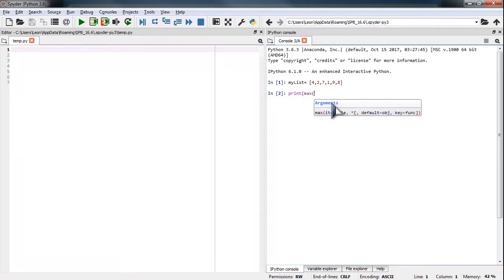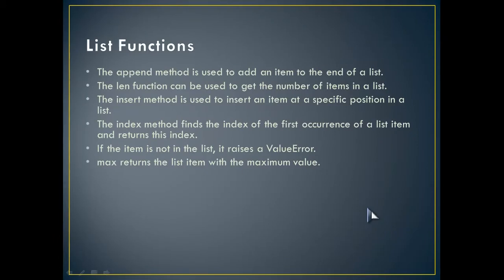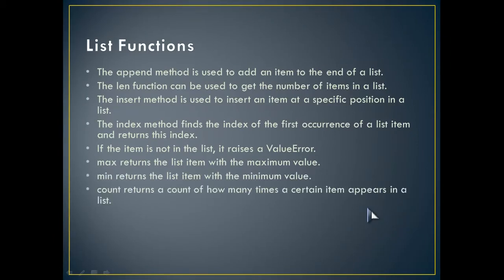For example, max my list. This is how you use the max function. It would print 9 because in this list 9 is the maximum. I could say the same with min. It would print 1. Then we have min, which returns the list item with the minimum value.